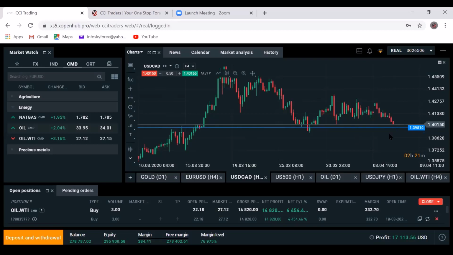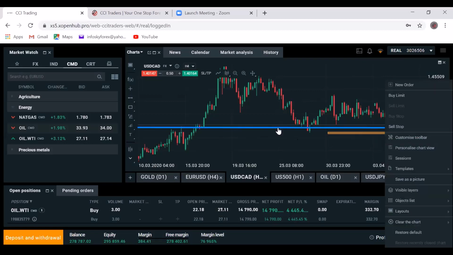This is the current price, and here is a support zone for US Canada.